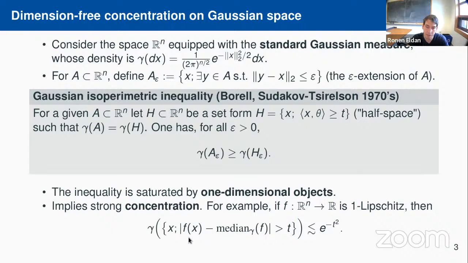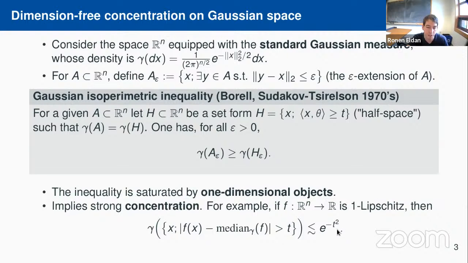If I take a random Gaussian point x, plug it into the function f, and look at this random variable f of x, the probability for it to deviate from its median by more than some quantity t is at most e to the minus t squared, which means it has sub-Gaussian tails.